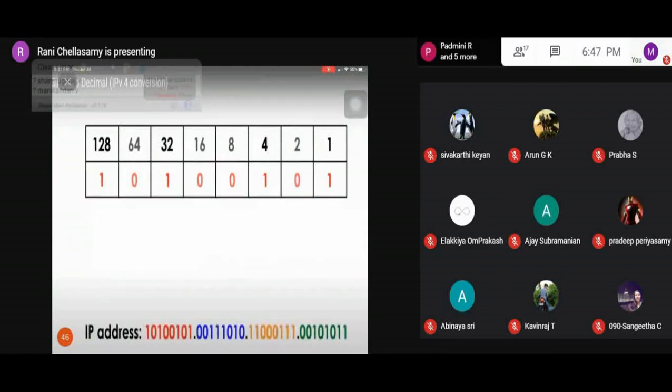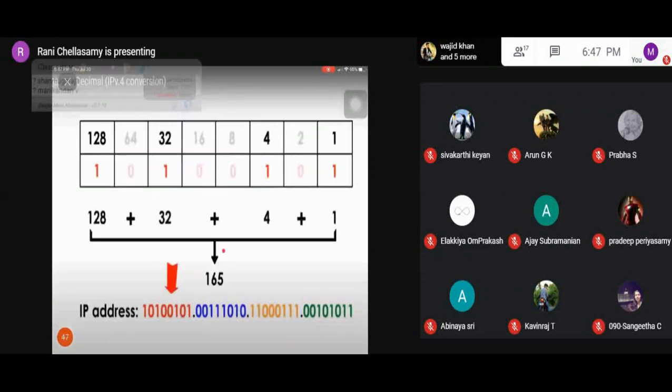If you are given the IP address below, the first octet is written below the chart. Out of this you take only the ones, representing 128, 32, 4 and 1. Taking the sum, you get 165.